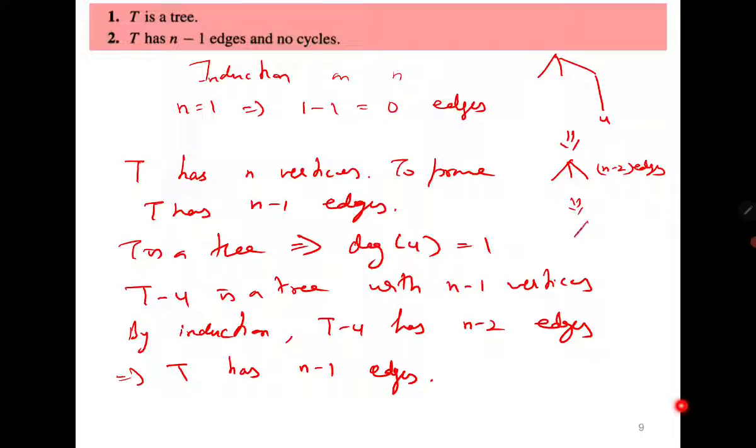And from here when you put back u, then one edge gets added and it has n minus 1 edges. So here the idea is I have to find a vertex whose property I know. I know that if I delete it, what its effect is on the number of edges, and then I use the induction.